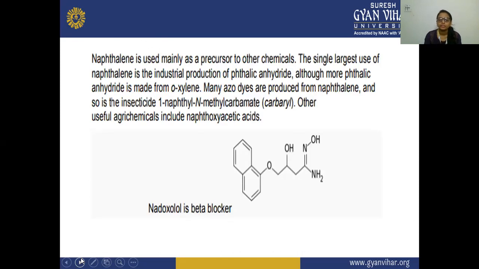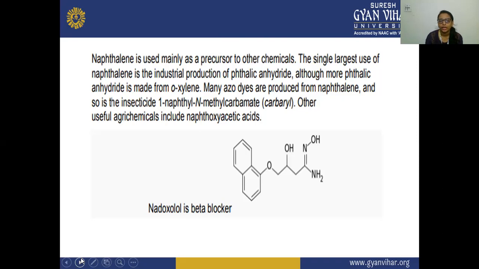So naphthalene is used mainly as a precursor to other chemicals. That means it is used as a starting material in the preparation, synthesis, or production of other chemicals. The single largest use of naphthalene is the industrial production of phthalic anhydride.